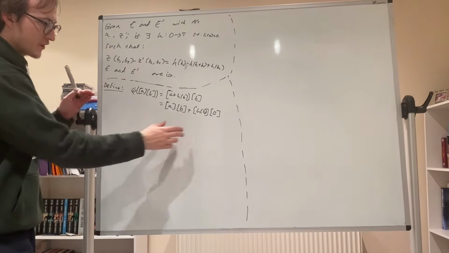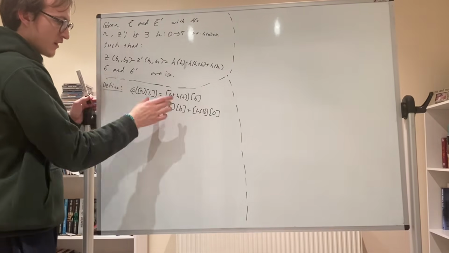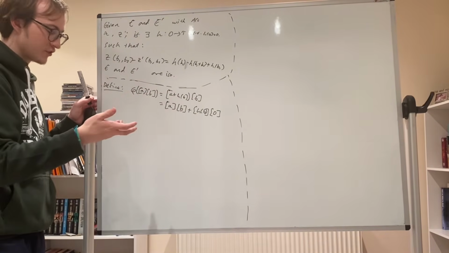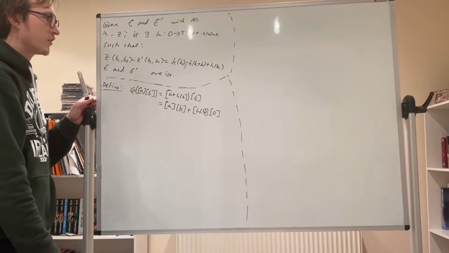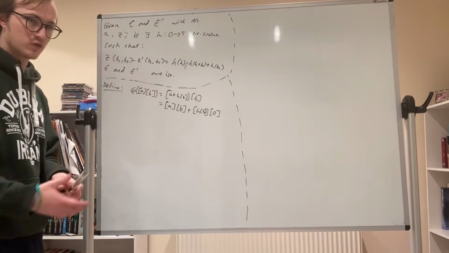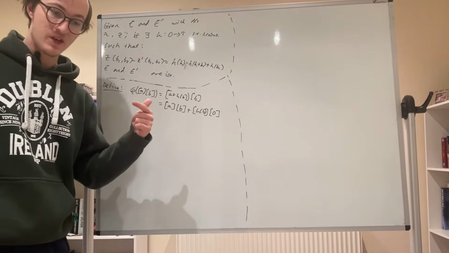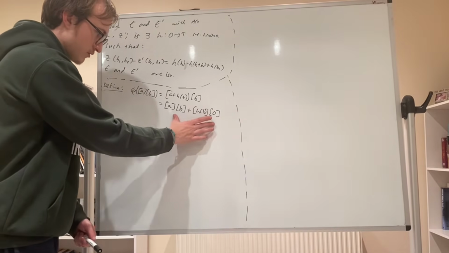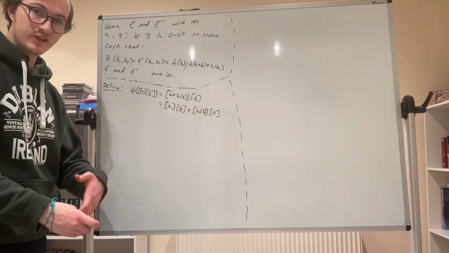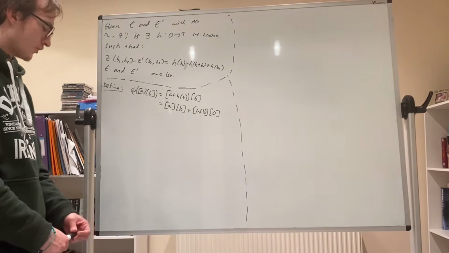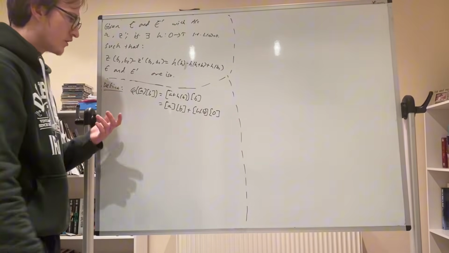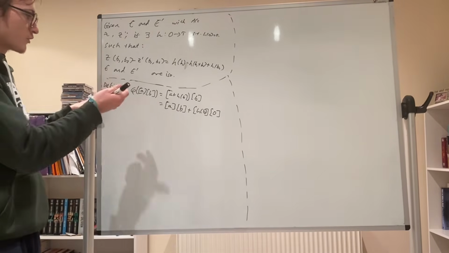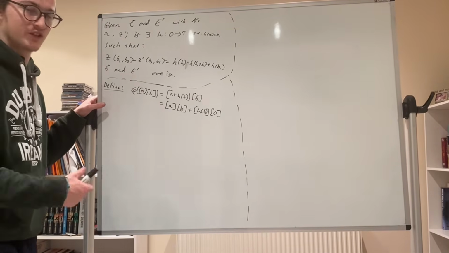And therefore, because this is just an element of T, (A, B) and phi of (A, B) are in the same coset. And so if you look at the natural restriction map on the quotients, because this ends up in the same coset, it's also the identity map. So all we need to show is that phi is a homomorphism, and then we'll have shown that E and E prime are isomorphic as extensions.